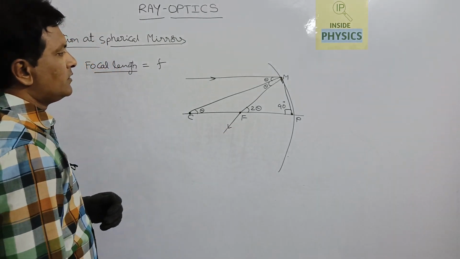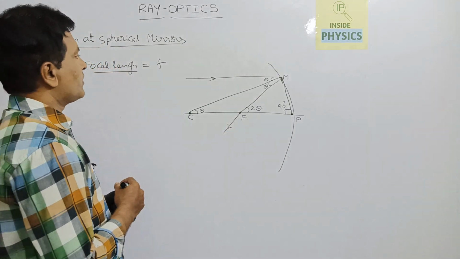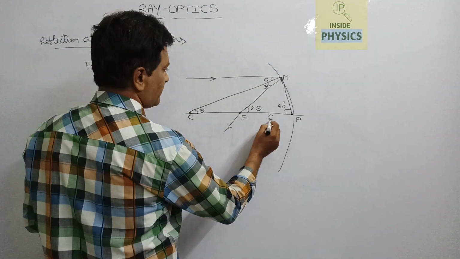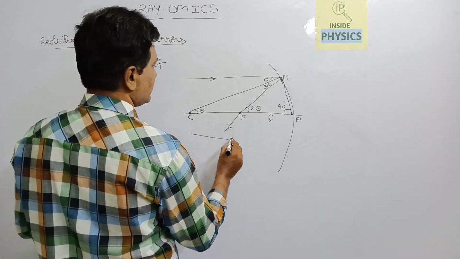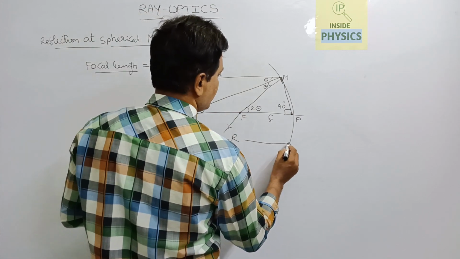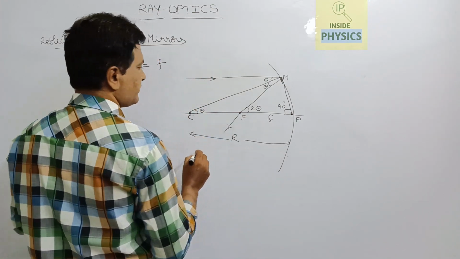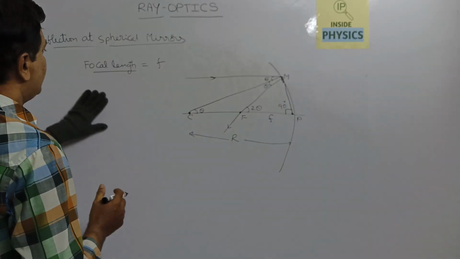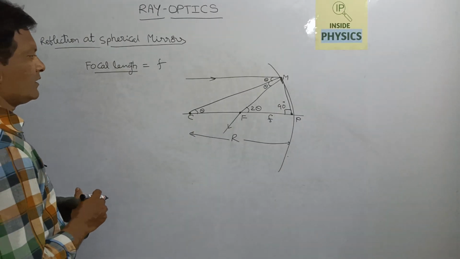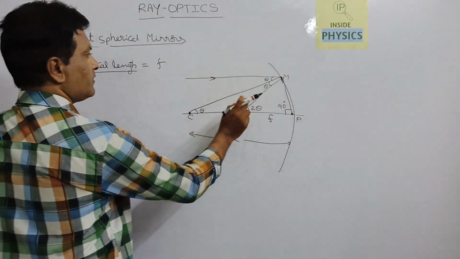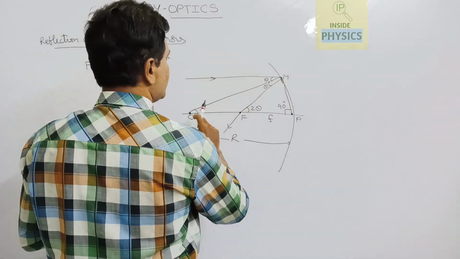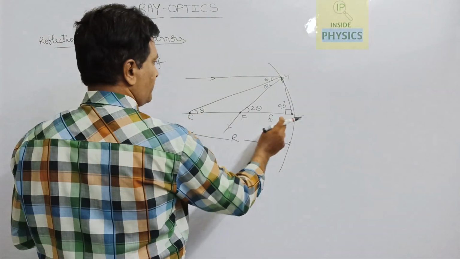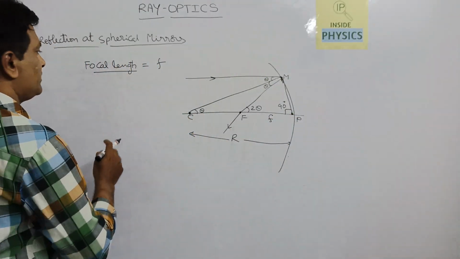Okay, so what is the focal length here? This one. And this distance is the radius of curvature, from the center of curvature to the pole. So let us see the formula for focal length. Observe the triangle MCP.